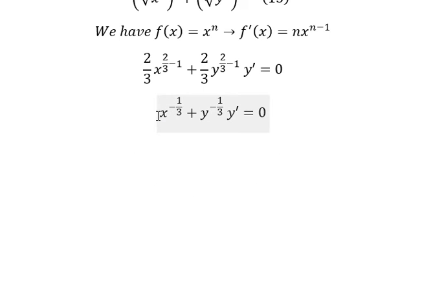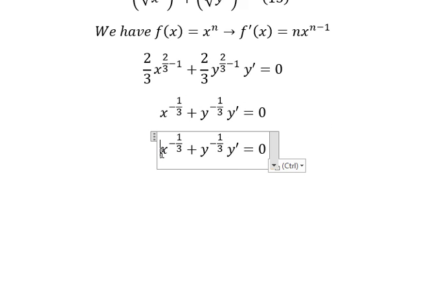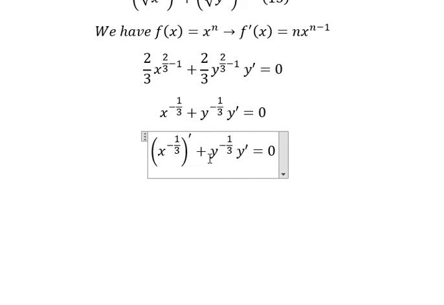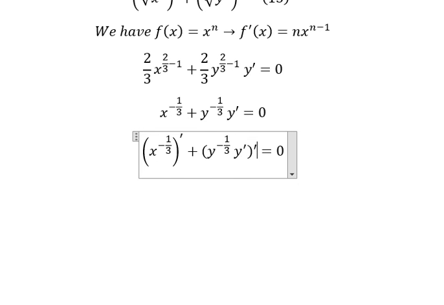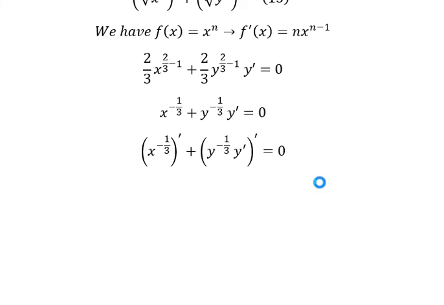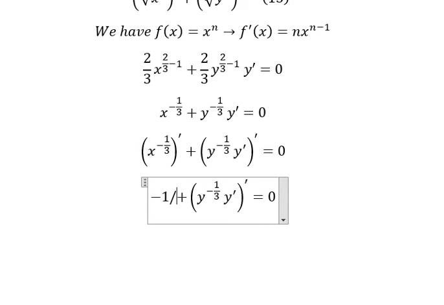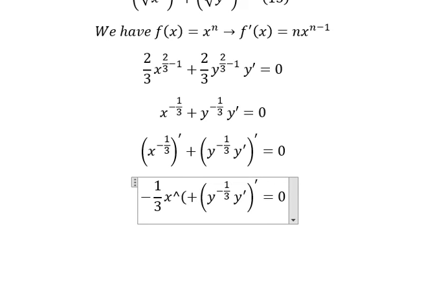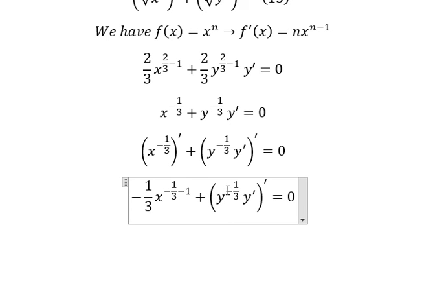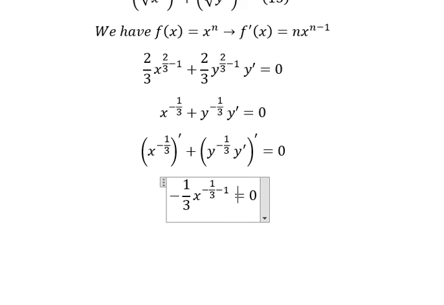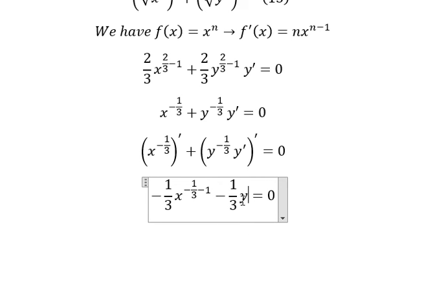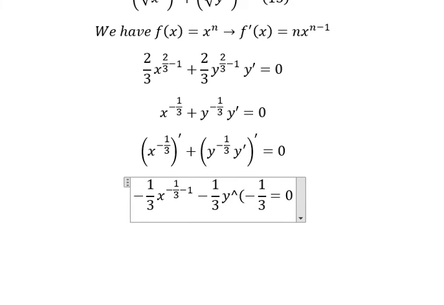That means we need to do the first derivative of both sides. Now, if we do the first derivative of this one, you get negative 1 over 3 x to the power of negative 1 over 3 minus 1. If we do the first derivative of this one, you get negative 1 over 3 y to the power of negative 1 over 3 minus 1.